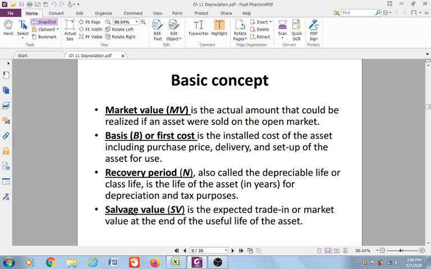And the salvage value is the expected trade-in or market value of an asset at the end of its useful life. Those are some basic terminologies in depreciation.